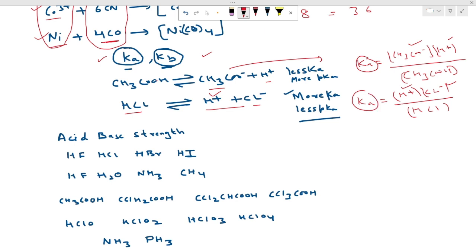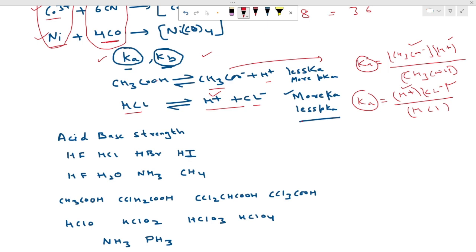This means that the more the Ka for any substance, the more is its acidic strength, and for a weak acid we will have the lower Ka. So the more the Ka for an acid, the more its strength; the less the Ka, the lesser its strength.